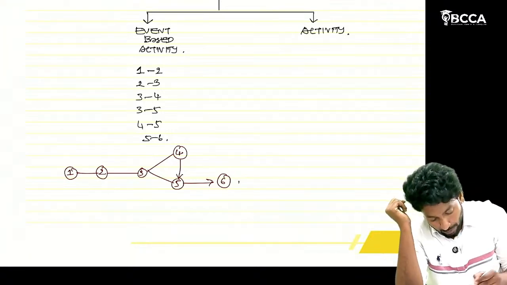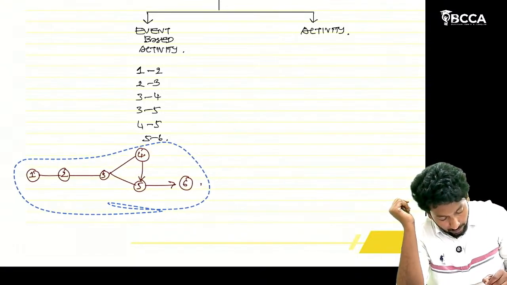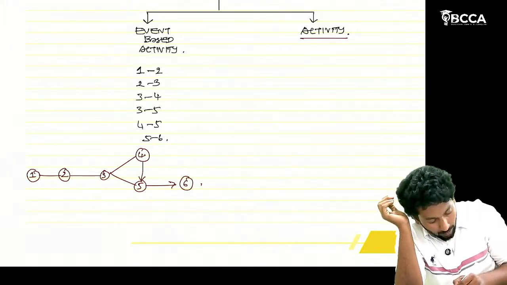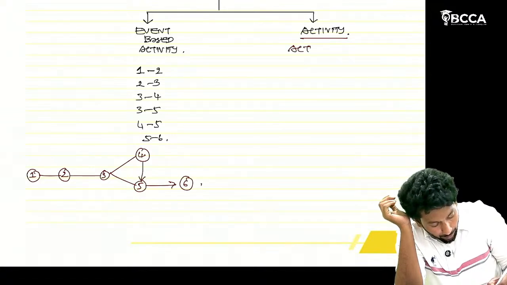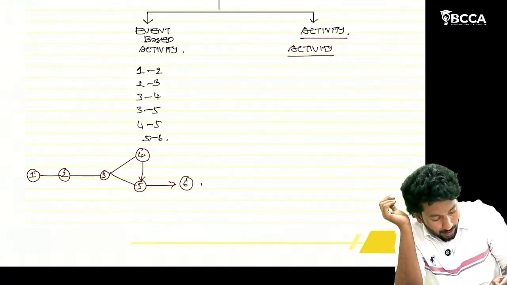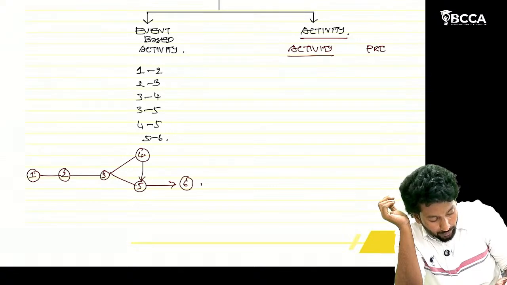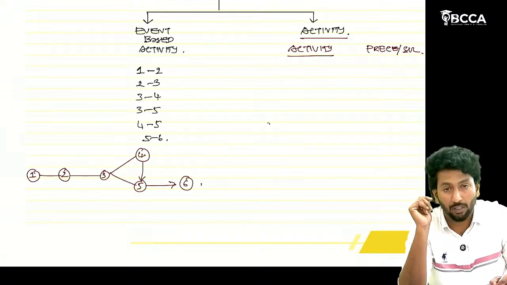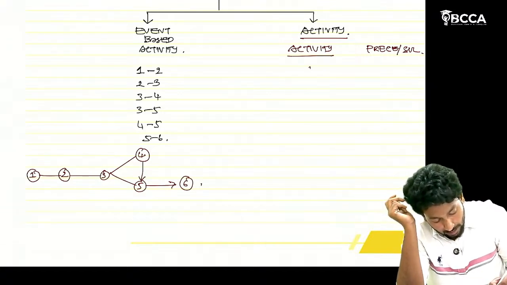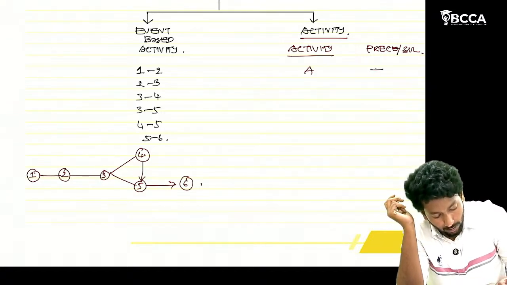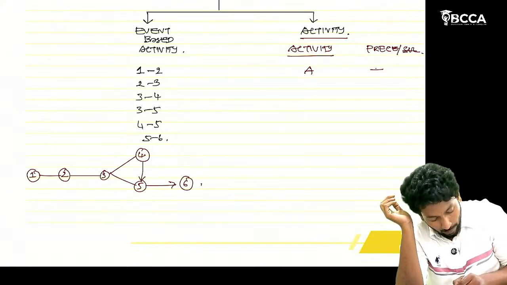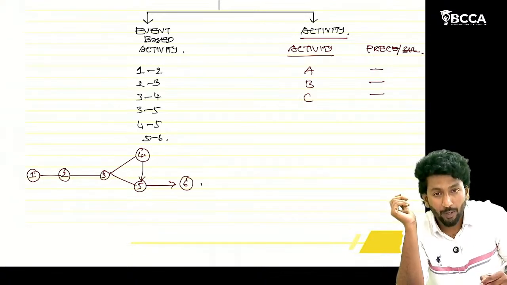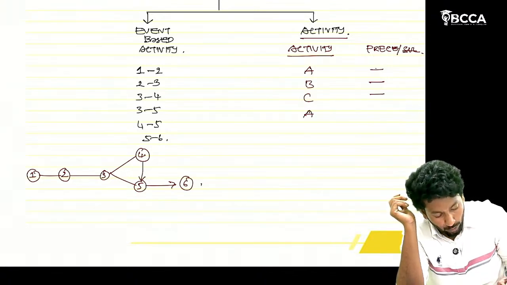But the problem is that when they give directly the activities, they will give the activity and its preceding or succeeding activities in the question. Let's say A, B, C have no preceding activity.